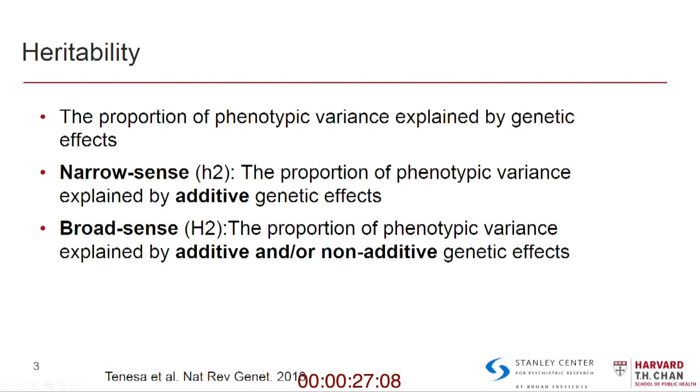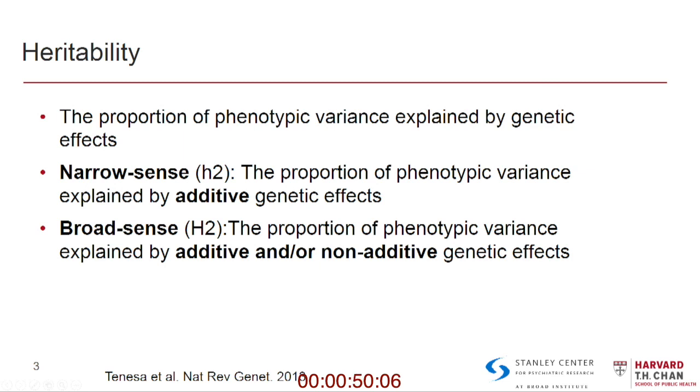What is heritability? Heritability is simply the proportion of phenotypic variance explained by the genetic effects. There are two major definitions of heritability. The first one is the narrow sense heritability, usually annotated by small h squared. The narrow sense heritability measures the proportion of phenotypic variance explained by additive genetic effects.